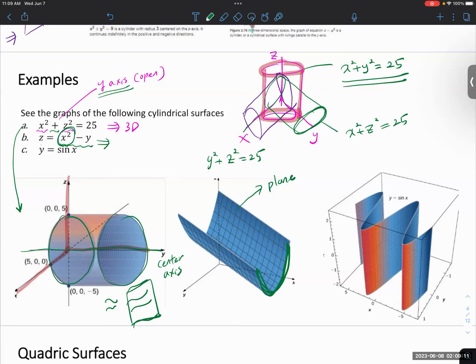So these are all the possibilities. I'm going to highlight it. So this is the standard quadratic surface equation.